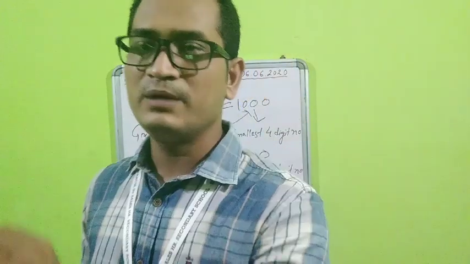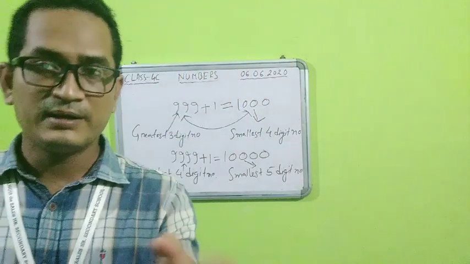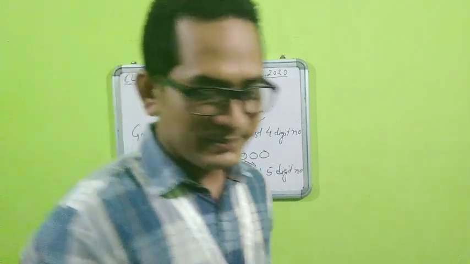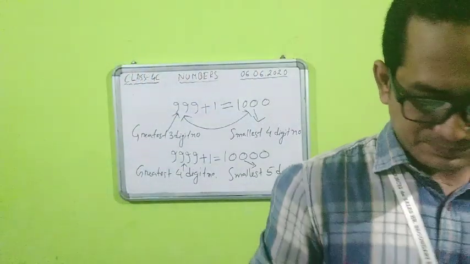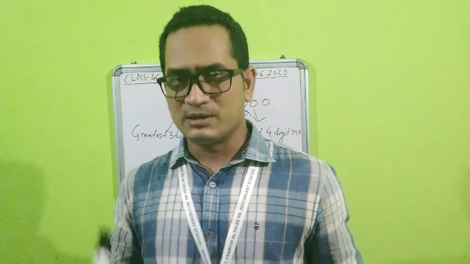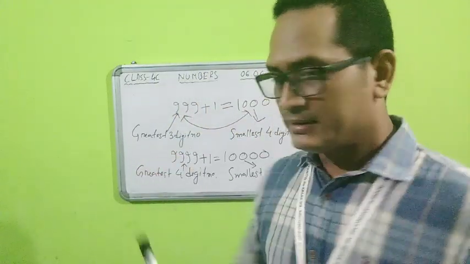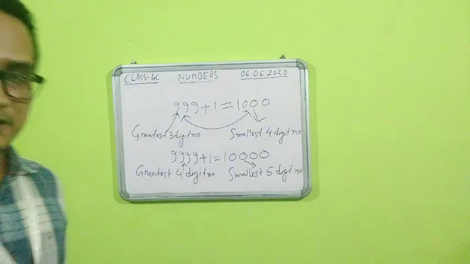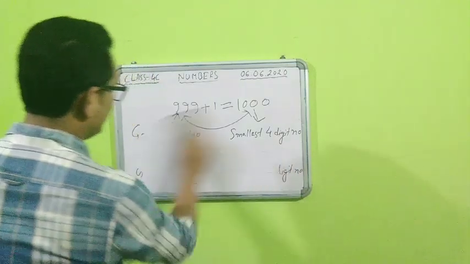That means the number of digits increases, but the number becomes the smallest one, not the greatest one. Fine. So that is a pattern which is actually going on. So students, that is about the successor of particular greatest numbers: greatest 2-digit, 3-digit or 4-digit numbers. Fine.